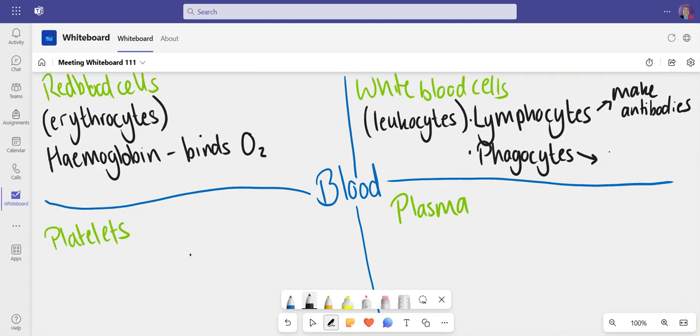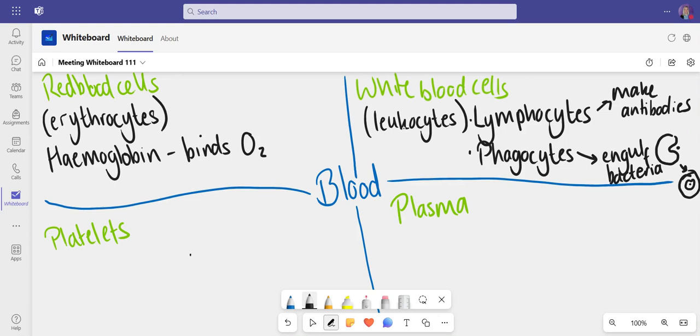So if we get infected by bacteria, our phagocytes will engulf them by something called phagocytosis. You will have done that at GCSE, but if you don't remember, they kind of wrap themselves around the pathogen like this, and then they become enclosed in a little vesicle and they can digest it with their enzymes.